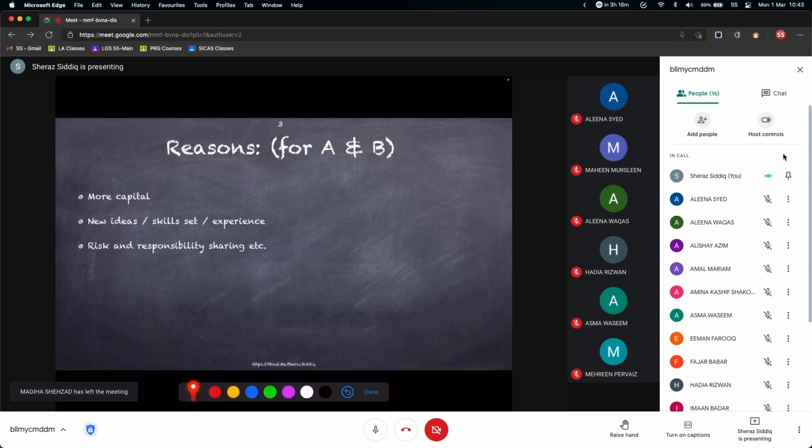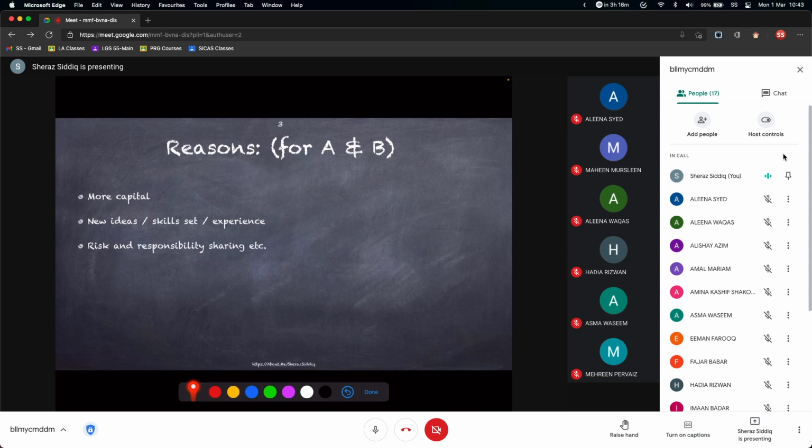So basically, inviting C into the business has the same reasons as formation of partnership. There's no difference over there. You need probably more capital, new ideas, a new skill set, experience, and also C के join करने से risk and responsibility sharing में भी एक certain cushion add हो जाएगा. So A और B की reasons तो ये हैं कि why would they be interested in inviting C.